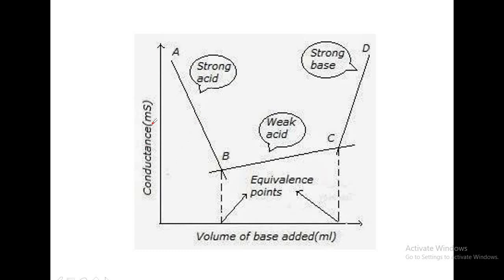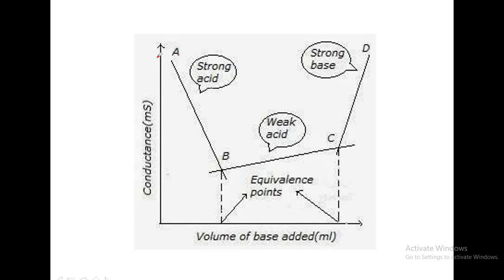Now let us see the graph. When you plot conductance versus volume of base added, you get three straight lines like this. The first straight line is the reaction of a strong acid with a strong base, that is HCl versus NaOH.